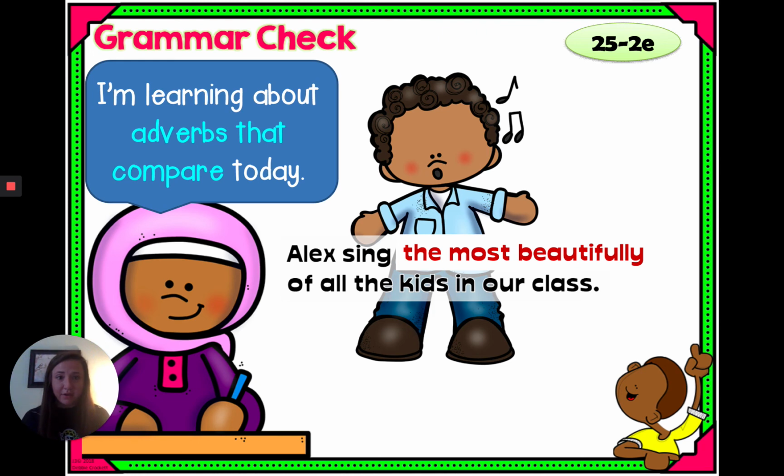So our adverb beautifully ends in ly. That means we do not add an ending to it. We need to add the word most or more. Why did they choose the word most instead of more? Because he's the best of 3 or more kids. Alex sings the most beautifully of all the kids in our class.